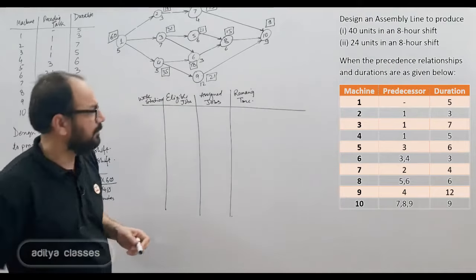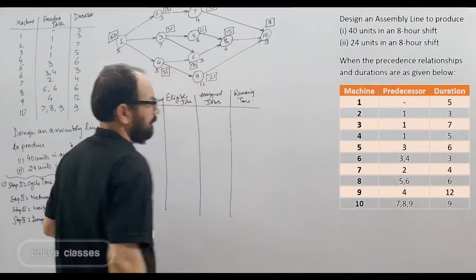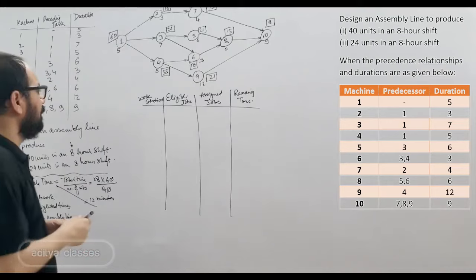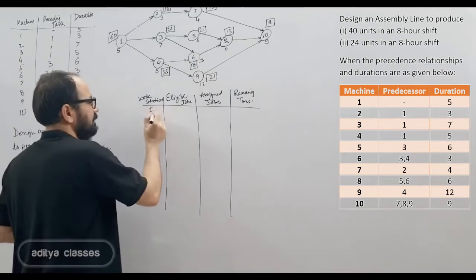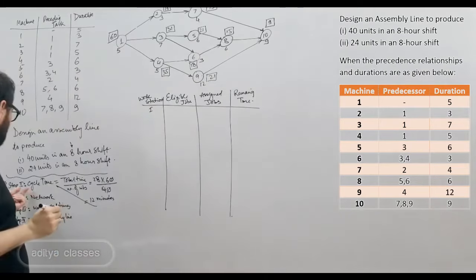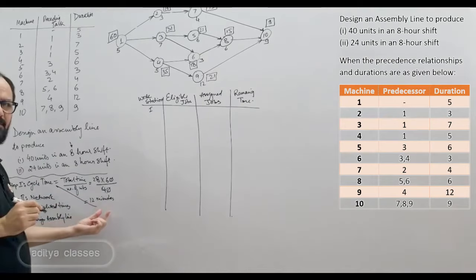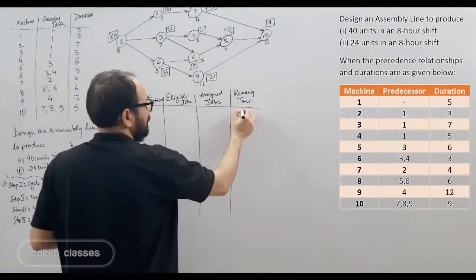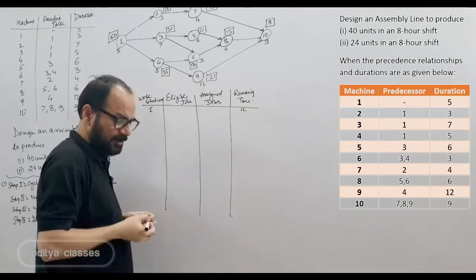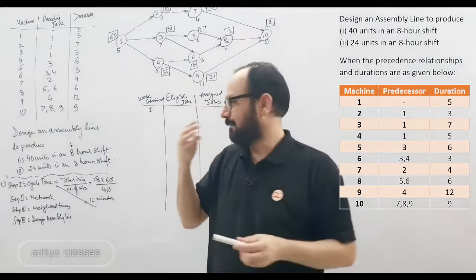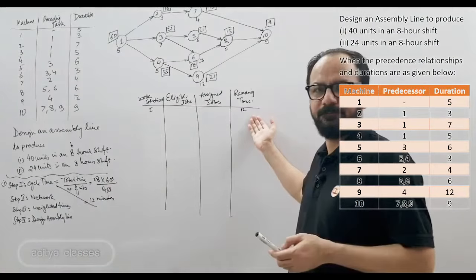So these are the 4 things that we need to keep a track of. Now let me start my first workstation. When I start a workstation, how much time do I get? I get time equal to my cycle time. So I get 12 minutes. Now because nothing has been assigned, the complete 12 minutes are still available.